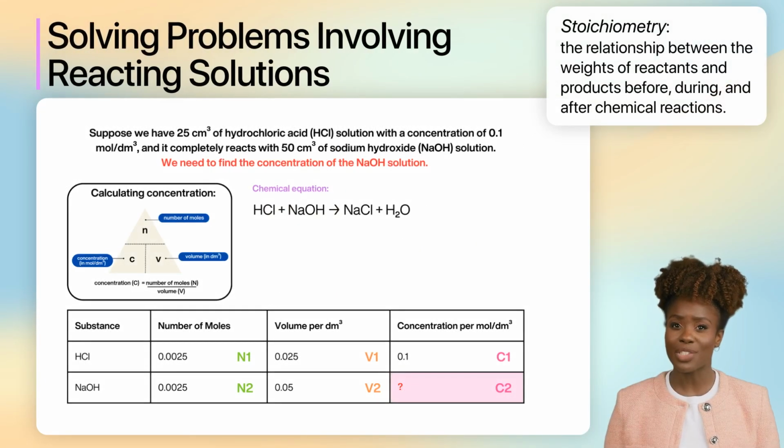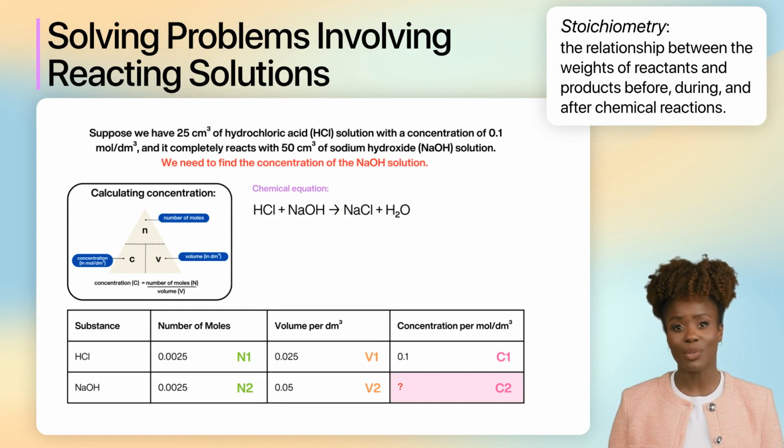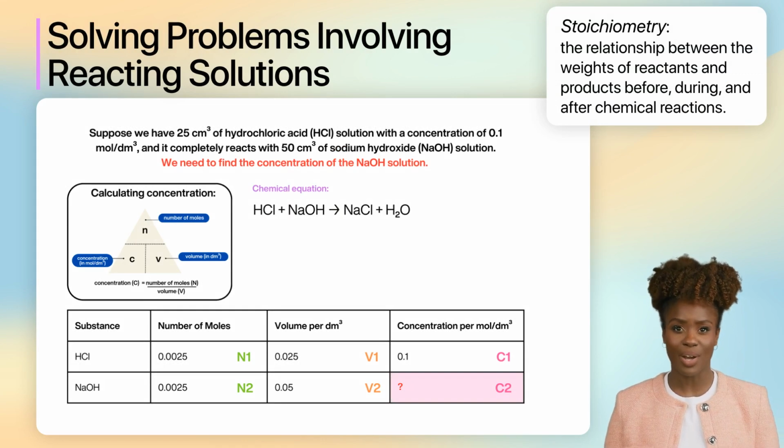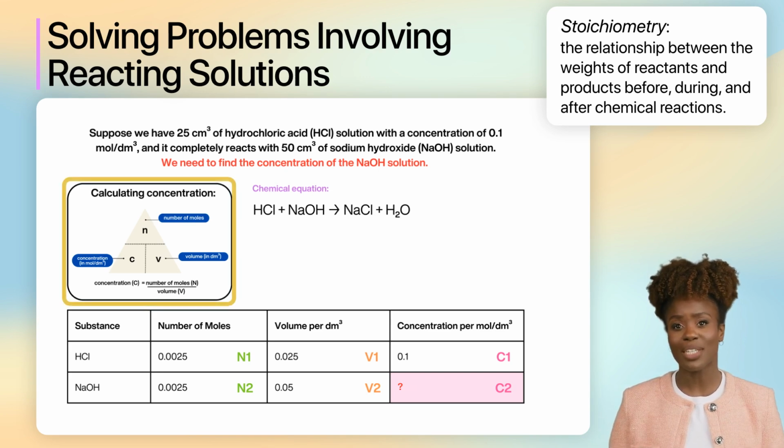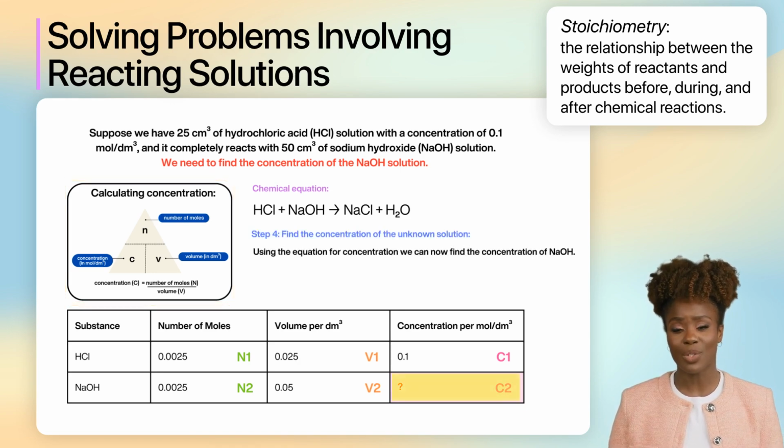To calculate the concentration of sodium hydroxide, we first need to look back to the equation triangle and use the equation: concentration is equal to the number of moles divided by the volume. So the concentration of sodium hydroxide is equal to the number of moles of sodium hydroxide divided by its volume.